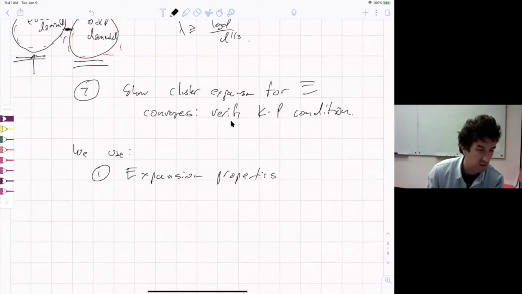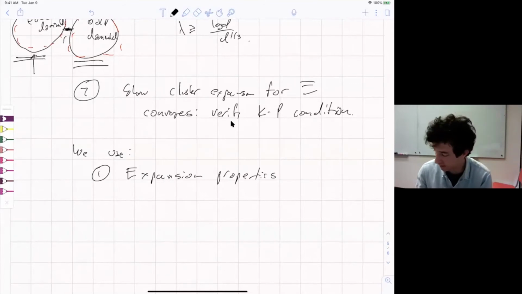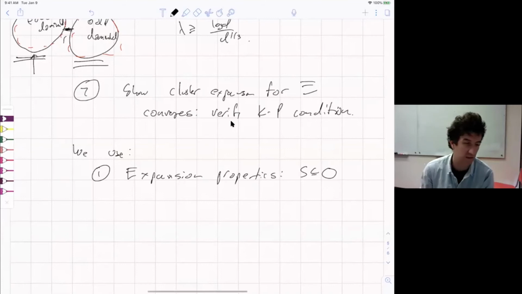But what expansion properties are we going to use? We're going to use three. So here, suppose that S is a subset of odd vertices.